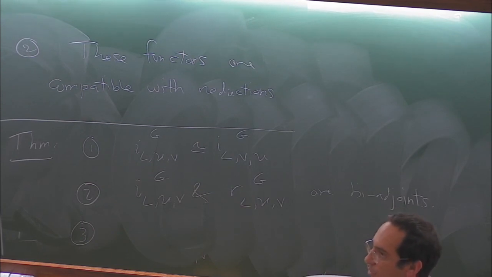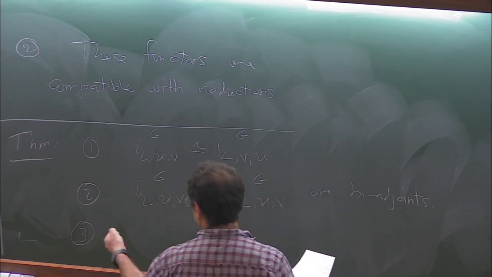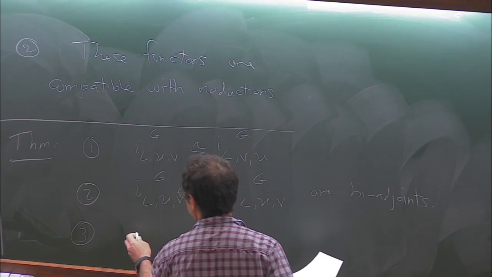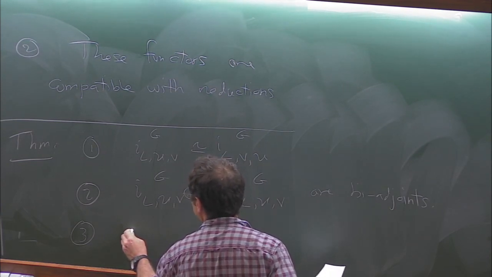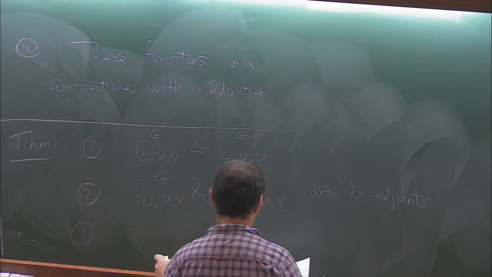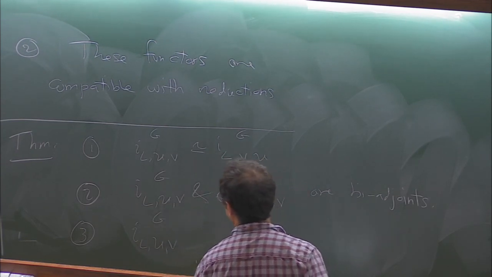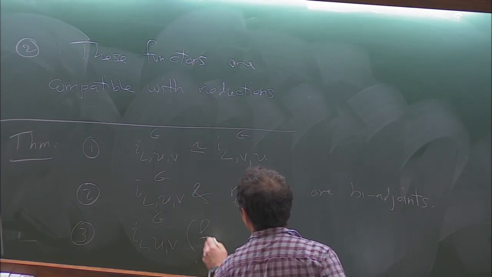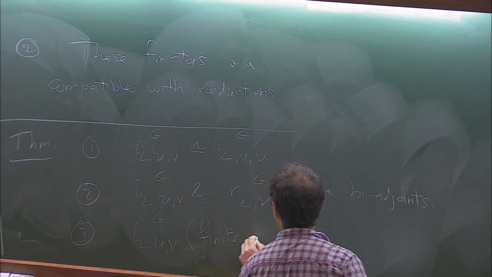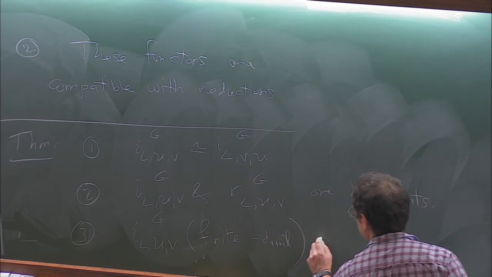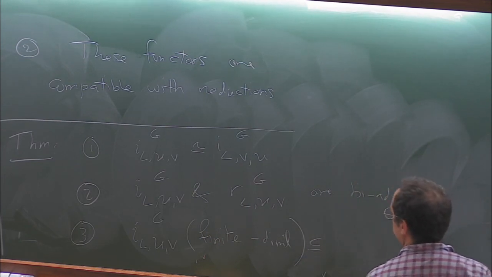So left adjoint and right adjoint. The third thing is one of the most important properties of these functors, and it is the following. I_{L,U,V}^G takes finite dimensional representations, irreducible or not, into finite dimensional ones.